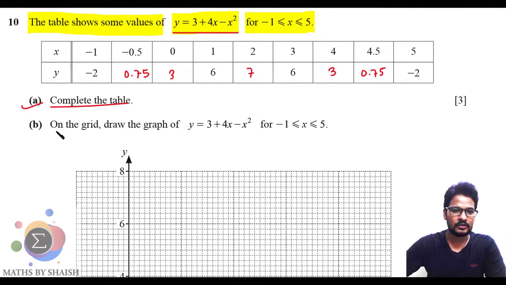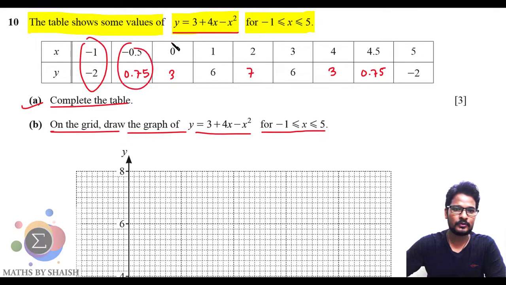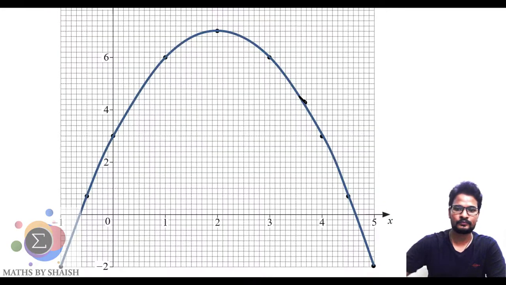And next part is on the grid, draw the graph of y equals 3 plus 4x minus x square for x between -1 and 5. So we have all these values. We are going to mark it on this grid and then draw the graph. So here are the values. For -1 it was -2, and then it is -5, it is 0.75, and 0 it is 3.